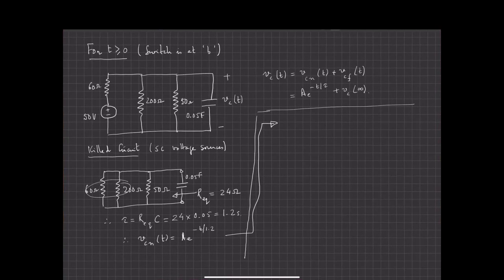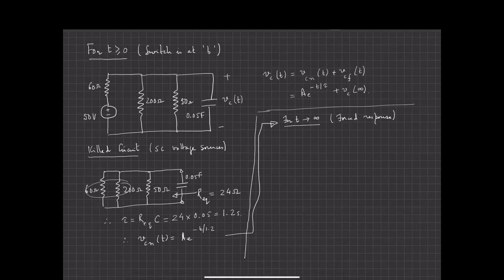That is, I want to look at this circuit for t tending towards infinity. This is for my forced response, right? So what does my circuit look like for t tending towards infinity? Well, my circuit for t tending towards infinity looks as follows.